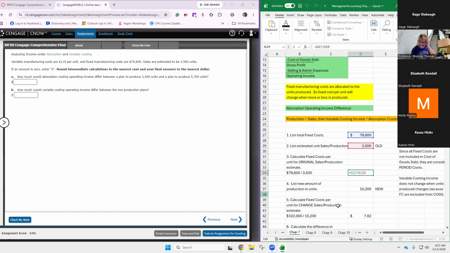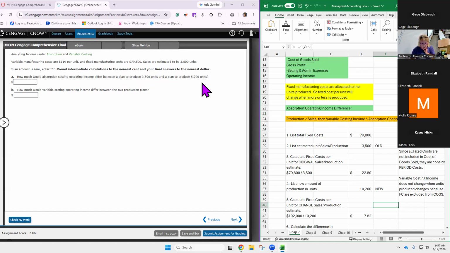Now that's not the answer, but this is going to get us there. I would establish what that fixed cost is, because this prediction was based on sales and production equaling 3,500. And what's the rule? Now we're going to change it.